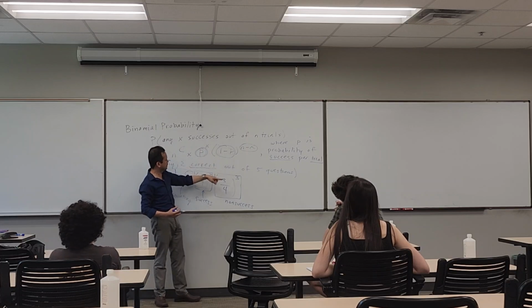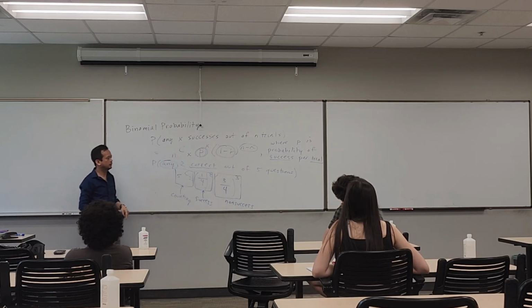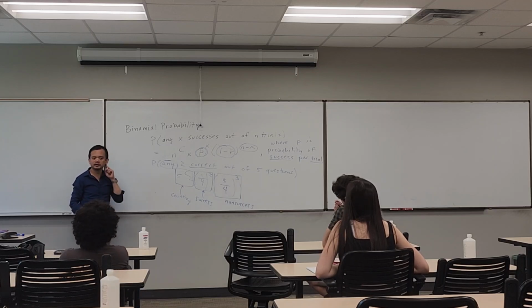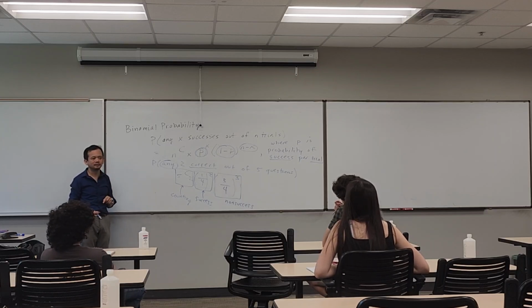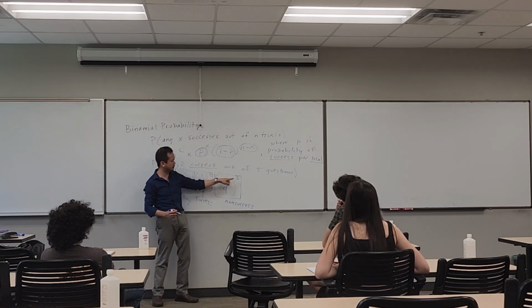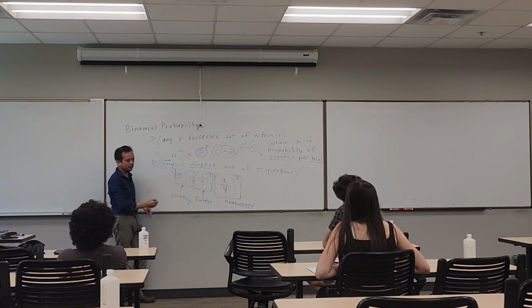And then what about the exponents? What do you think they should add up to? Yeah, they should add up to the n. So if you look at the example, if you take 2 plus 3, it should add up to 5, which is the total n that we started out with.